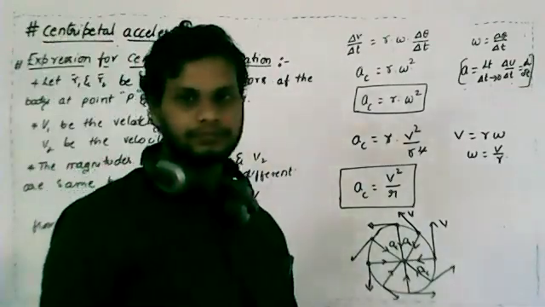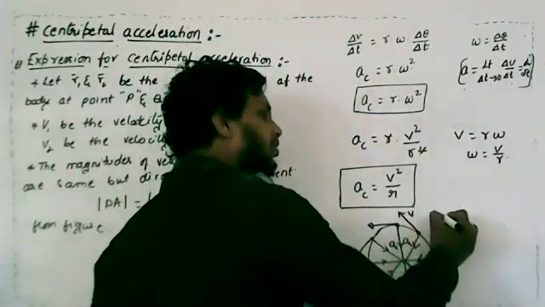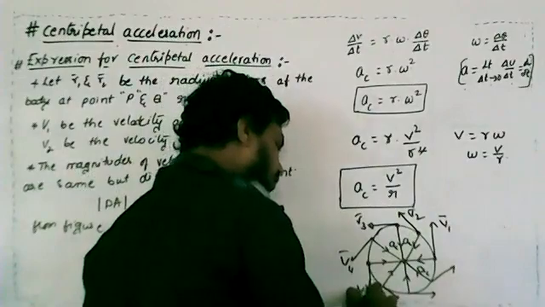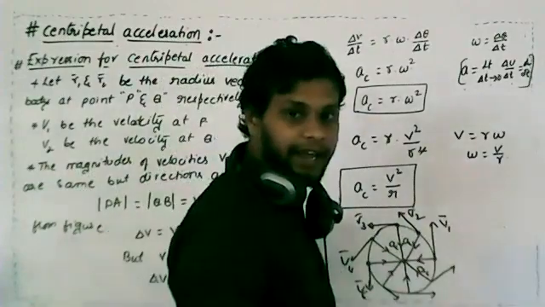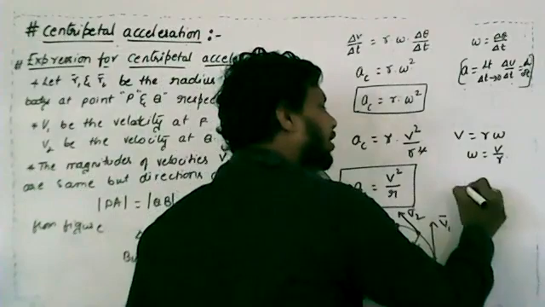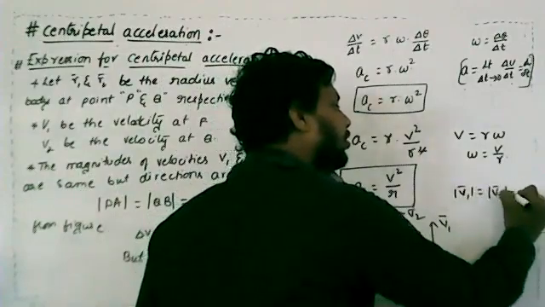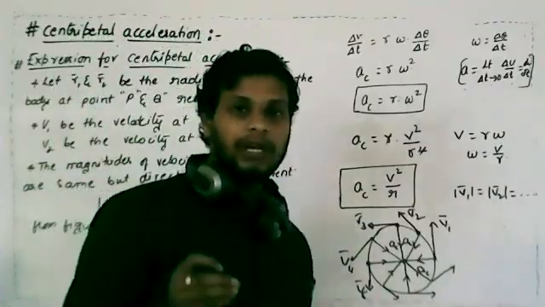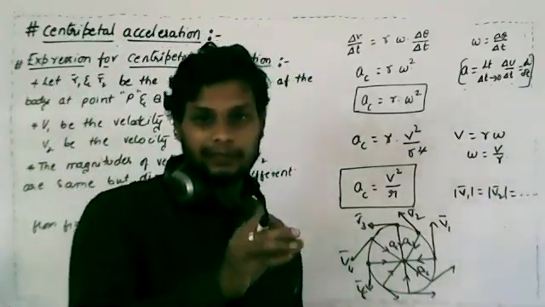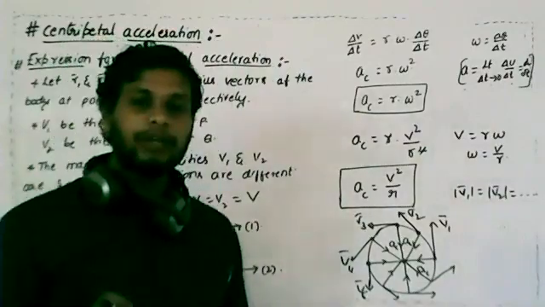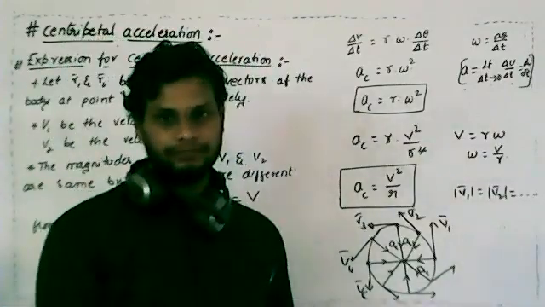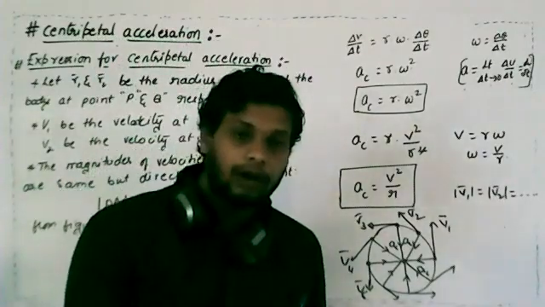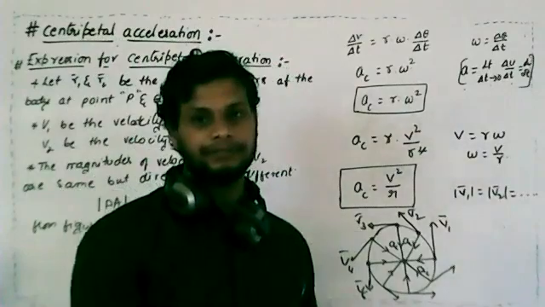Towards the center. If you take it as vector, so V1 bar, this is V2 bar, this is V3 bar, this is V4 bar, this is V5 bar, and so on. Whereas magnitude of V1 bar is equal to magnitude of V2 bar is equal to, and so on. Magnitudes remain constant. Why? Because the definition itself is like this. A body is moving with constant speed. Speed is nothing but magnitude of velocity. The magnitude of velocity is also called as speed.